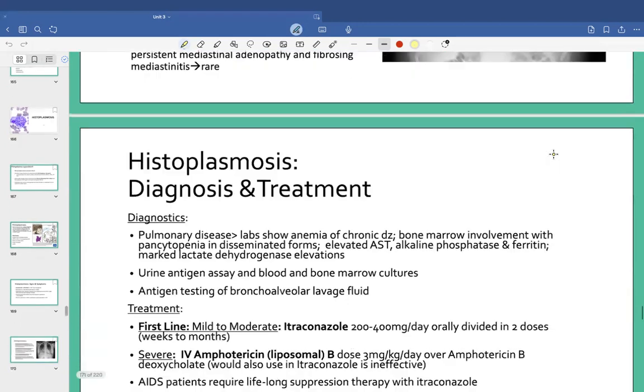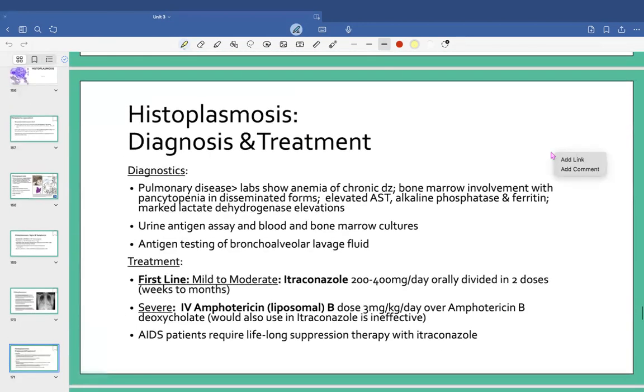The diagnosis and treatment. Histoplasma has an affinity for the reticuloendothelial system. So it typically can involve the liver, spleen, your bone marrow.